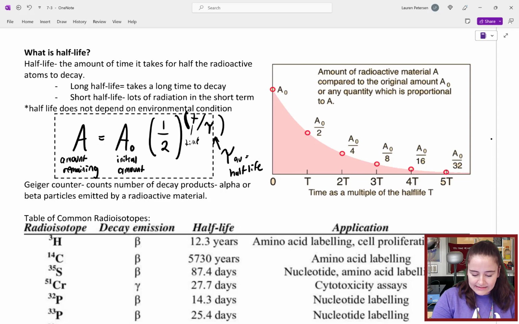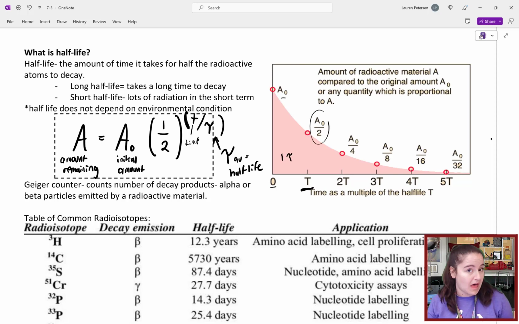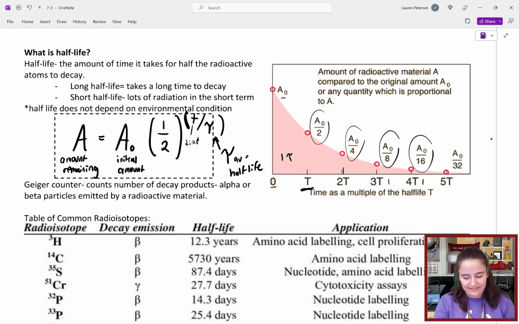At 0, you're at the full amount. After 1 half-life, 1 tau, you're down to half of what you had. 2 half-lives, a fourth. 3 half-lives, an eighth. 4 half-lives, a 16th, and so on.